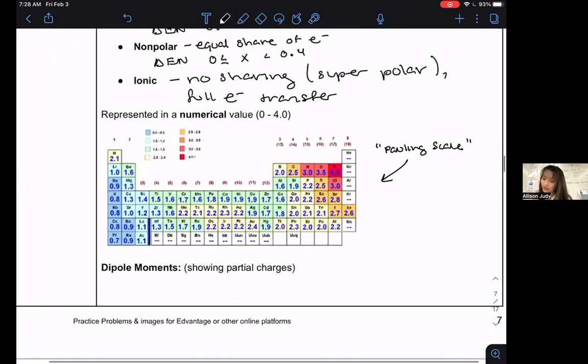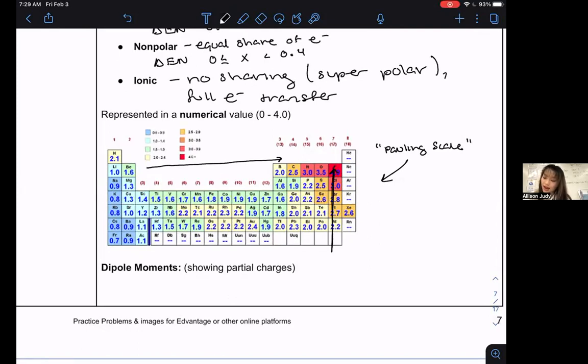And you'll notice that they follow the trend that the higher the electronegativity across a row and up a column, the greater your Pauling scale value is. You'll also notice that for the most part, noble gases don't really have an electronegativity value, except for xenon, which kind of starts behaving slightly differently.